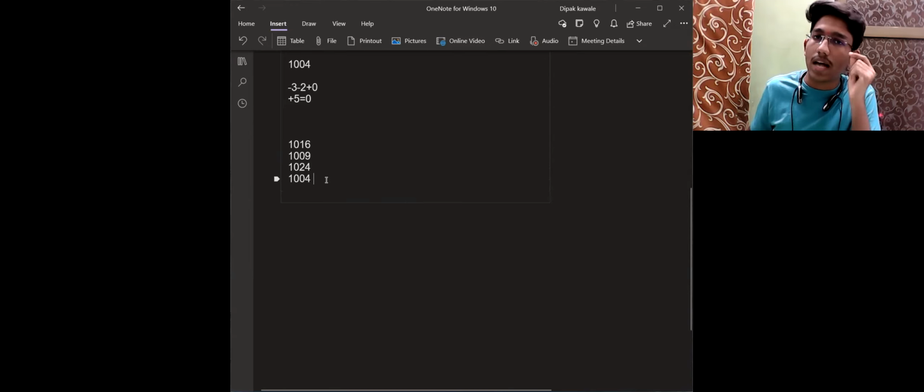Okay, if you are good at addition and subtraction, then definitely this trick is for you, the trick without touching a pen.